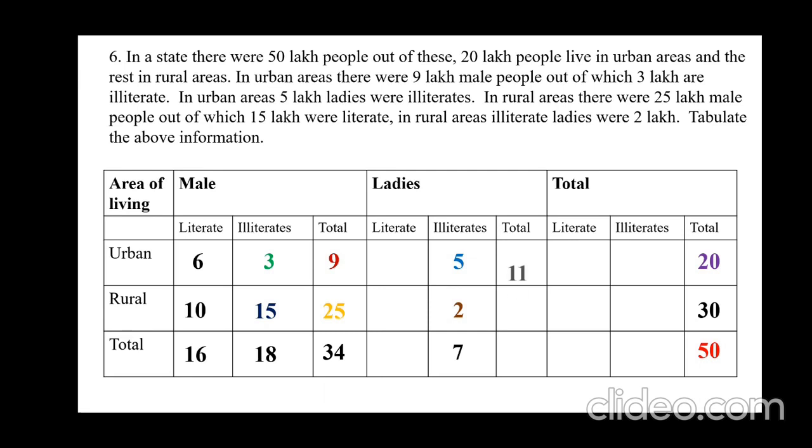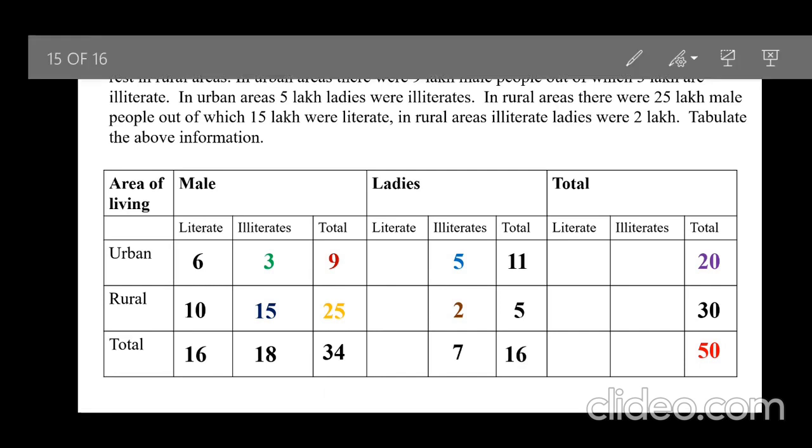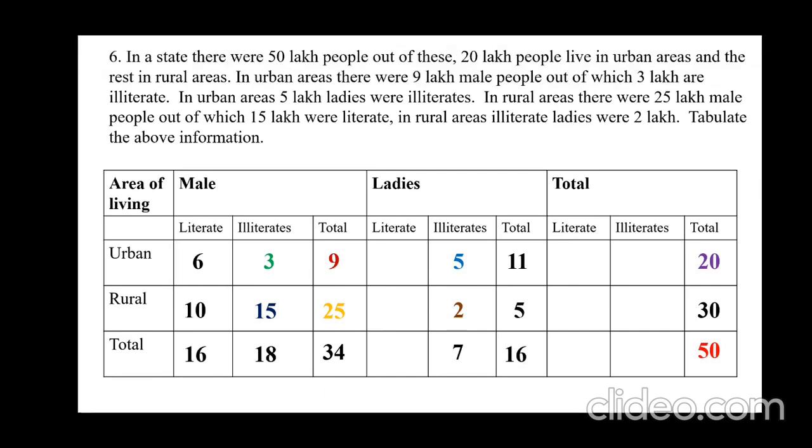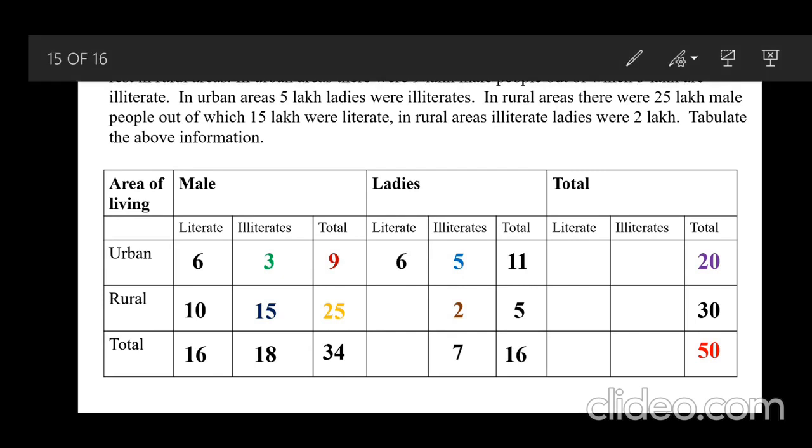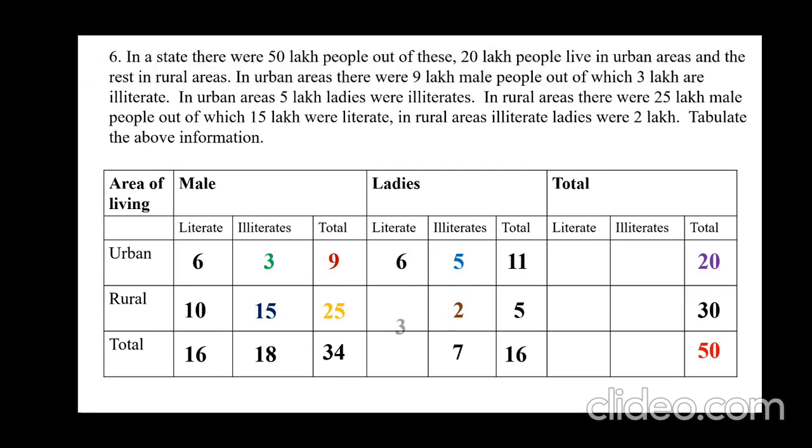We can find out 20 minus 9, 30 minus 25, 50 minus 34, or 11 plus 5. In that, ladies literate we can find out 11 minus 5, 5 minus 2, 16 minus 7. Similarly, total literate we take, illiterates we take, we will get a total 12.